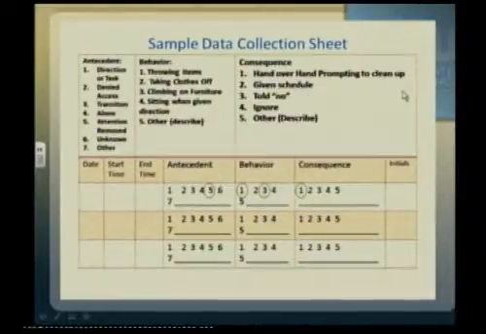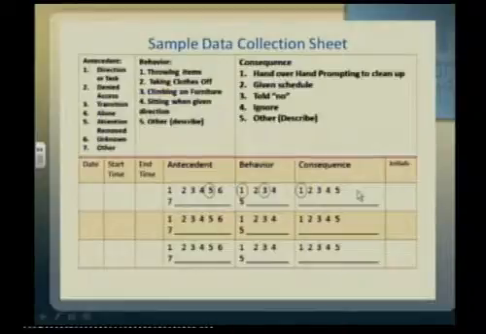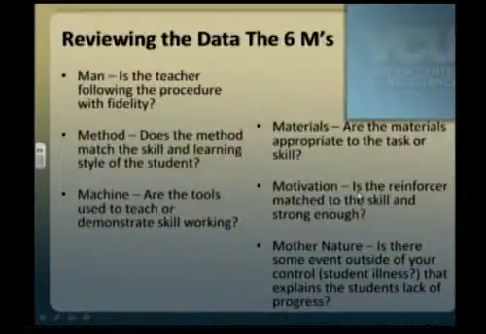When we give hand-over-hand prompting, we're giving attention. And so it could be that what you find out by collecting this data is that you are inadvertently reinforcing a problem behavior with the way you respond. This data collection helps you fill in the graphs that you're going to look at.